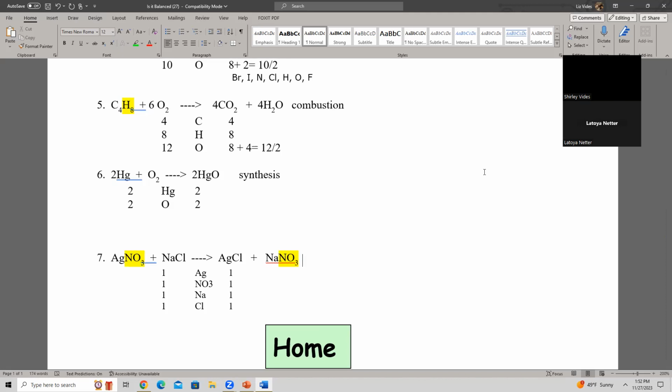They're cheating. There's a lot of cheating going on. Yeah, double replacement. So that's a double. See how the NO3 is with the silver here, but it's with the sodium here? And then the chlorine is with the sodium here, but with the silver on the other side. That's how you know it's a double.